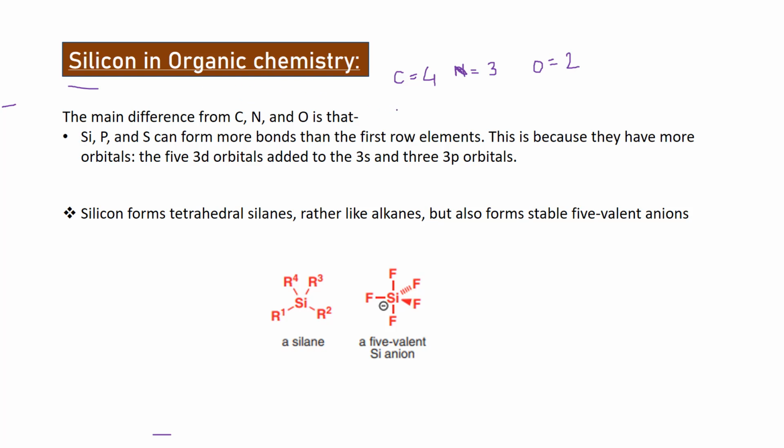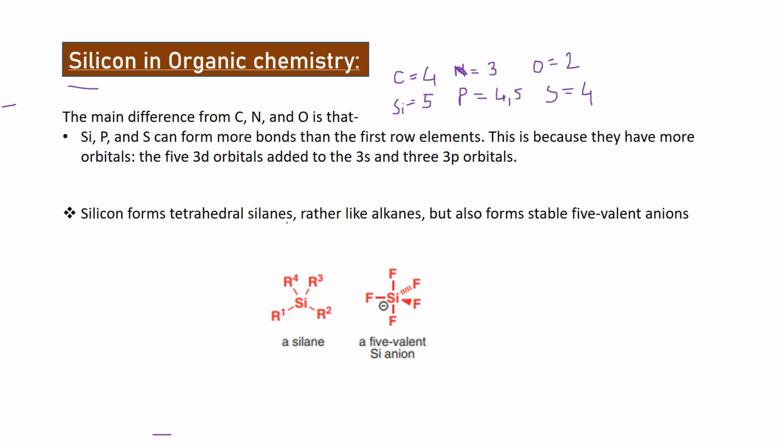Silicon can form 5 bonds. Phosphorus can also form 4 or 5 bonds. Sulfur can also form 4 bonds. So they can form more bonds, and because of that they can get attached with different molecules and show different reactivity.